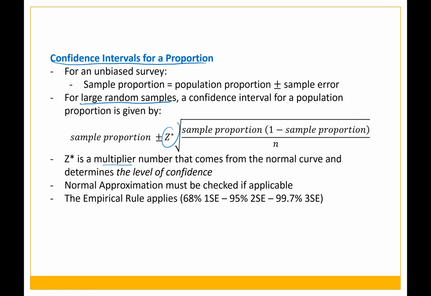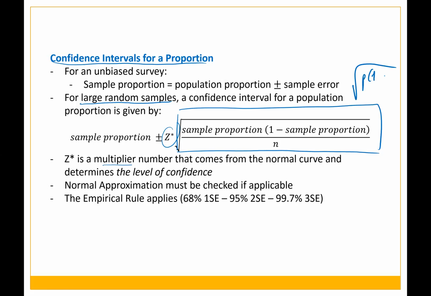Say if you have 95% confidence, the corresponding z star, as I remember, is 1.96 or 2. The standard error is the square root of P times 1 minus P divided by n, as we learned before midterm 2.